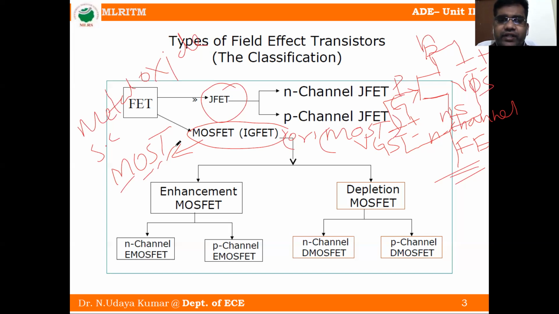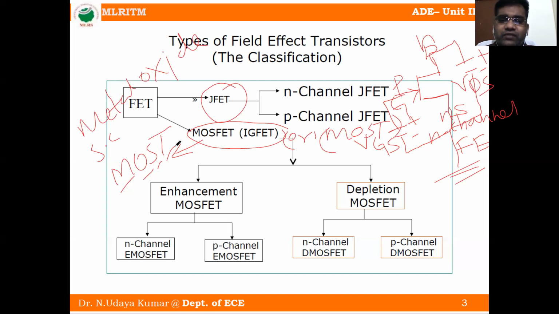So these are the different names of MOSFET: IG-FET or MOST. IG-FET means insulated gate field effect transistor, and MOST means metal oxide silicon transistor.